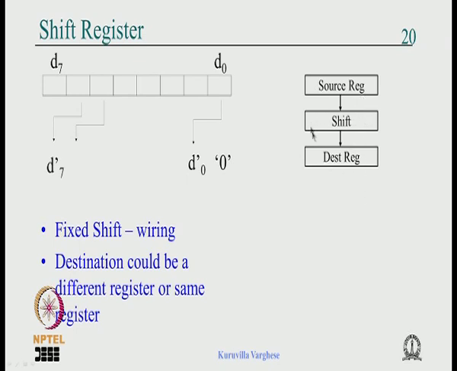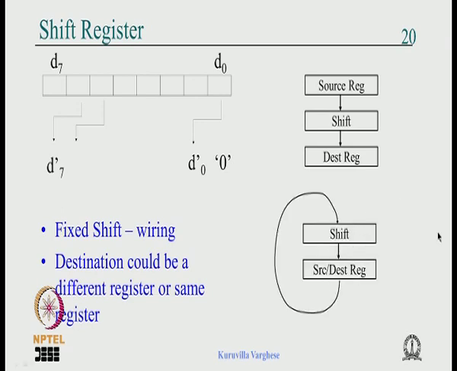Maybe everything is shifted by 4, so the least significant bits go to the MSB side, and this part can come down here depending on the requirement. It depends on the application and the computation, but this is what you have learned, where the source and the destination register are the same.